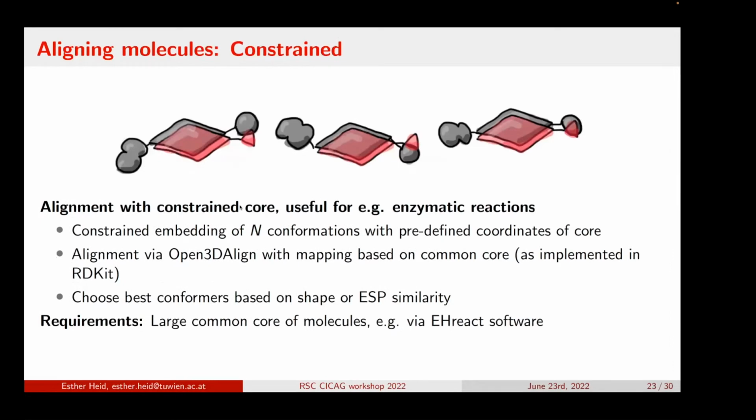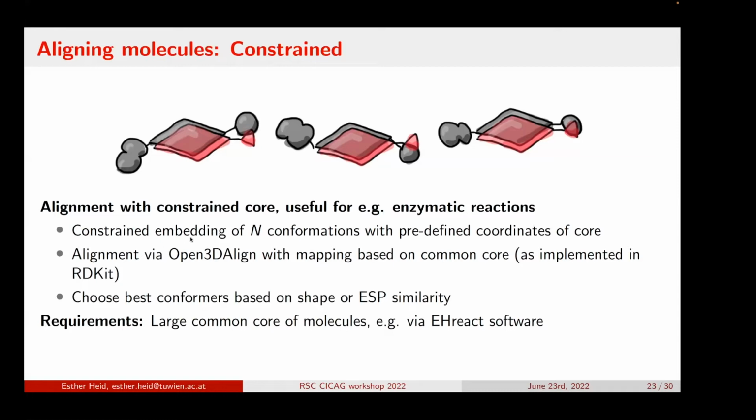If you have molecules that have some common core and you know about this, then you should instead do a constraint alignment. And what that means is that some part of your molecule is always the same. And if it's always the same, it should always be on top of each other if you do the alignment. And the way we do this is we have some predefined coordinates of this core that we are going to create together today.